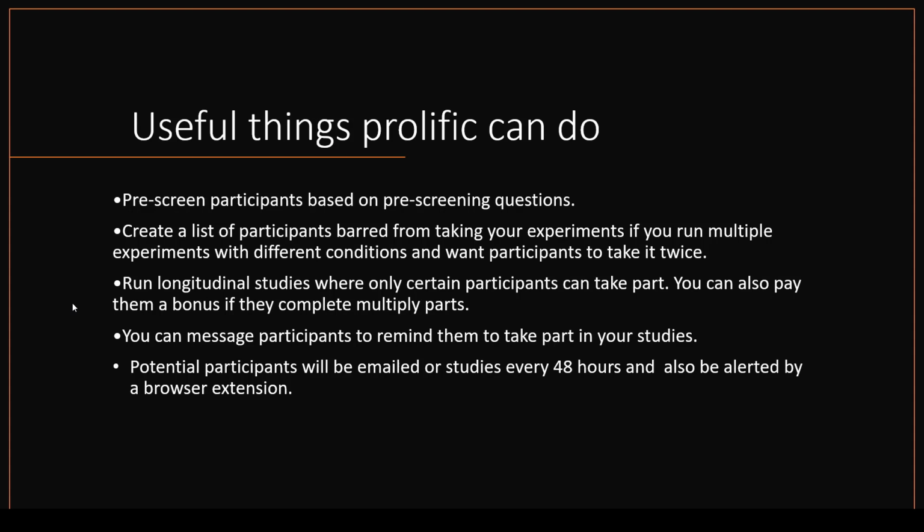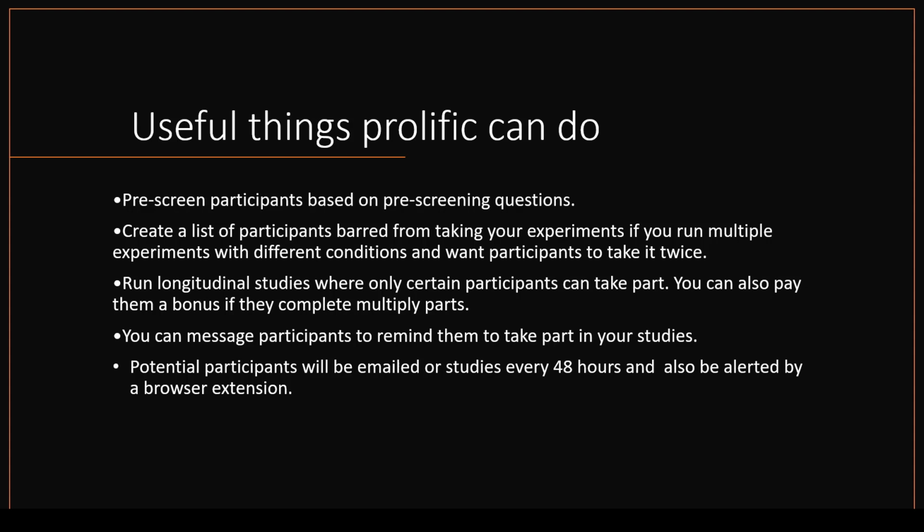That's really good for running a longitudinal study, because you get them to sign up, and then you essentially give Prolific a list of participants who can do the next series of studies, and you can also give them a bonus if they complete all the studies. So that means you get people who are really motivated to do longitudinal studies.